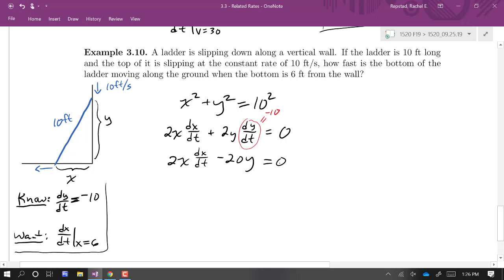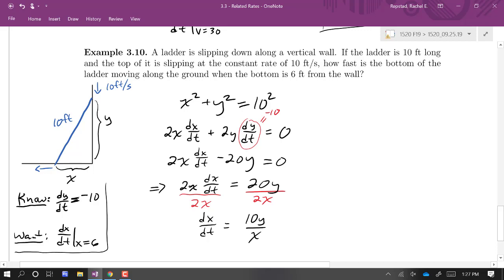And now we could do some algebra, solve this for dx dt. Divide both sides by 2x and do some reducing, and we find that dx dt is equal to 10y over x.